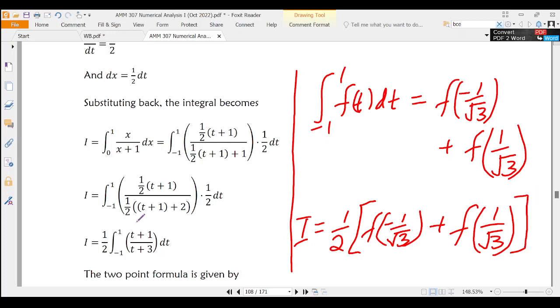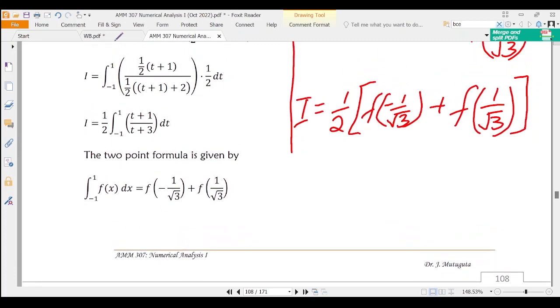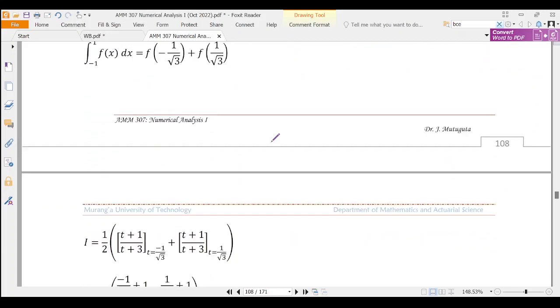Notice the coefficient I have, because the integral here will be expressed as per this formula. So the expression inside the bracket, but we have the coefficient, which is a half. So when we do that, we simply need to evaluate the value of t plus 1 divided by t plus 3 at those 2 points, then add the results.